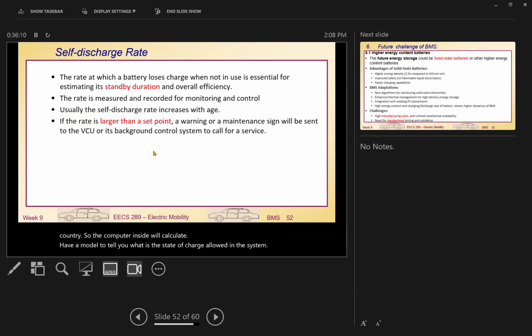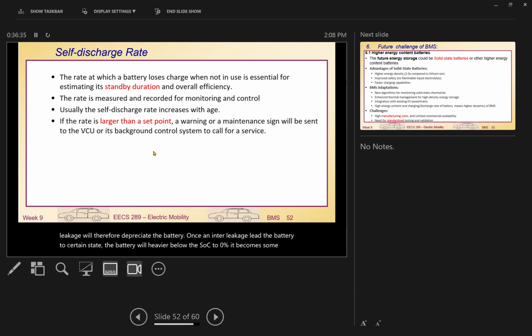Another thing the BMS will measure is the cell discharge. Even though you don't touch the battery, it has its own internal leakage. That internal leakage will depreciate the battery. If the internal leakage drives the battery below SOC equal to 0%, it becomes damaging.